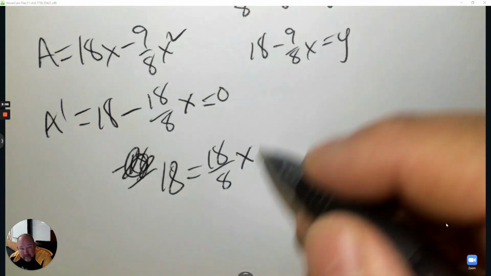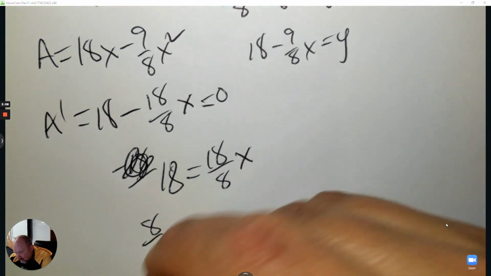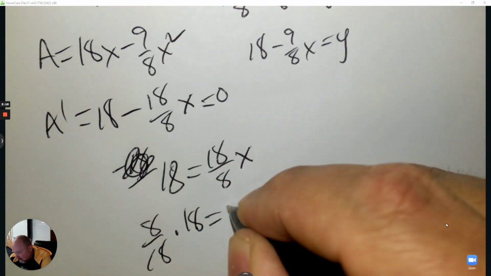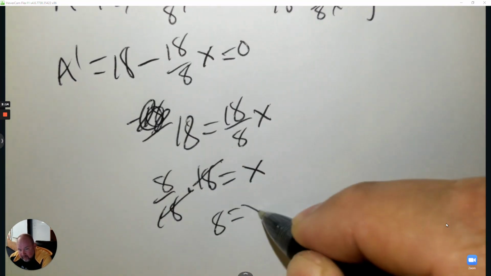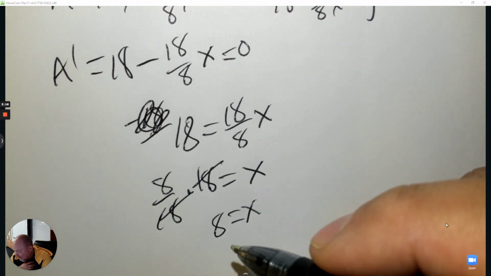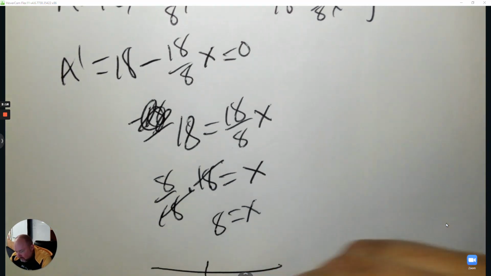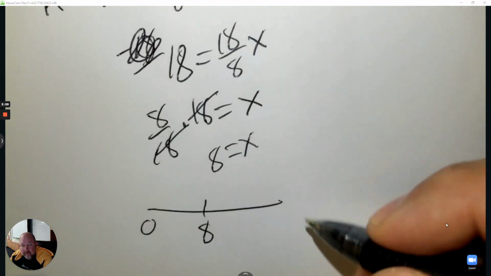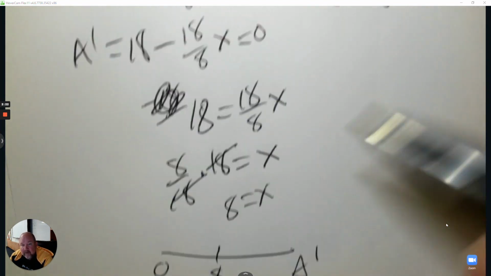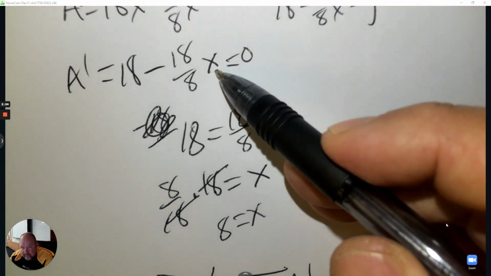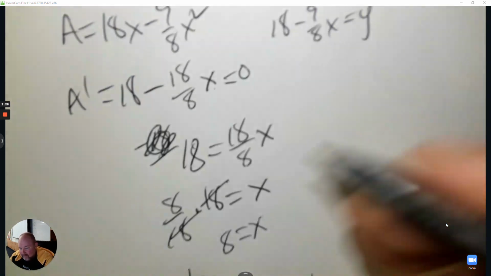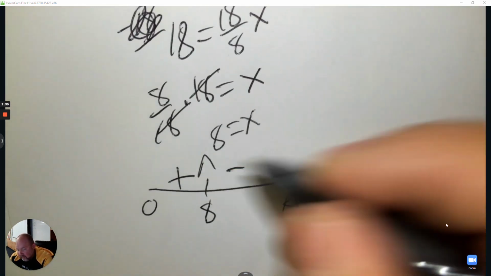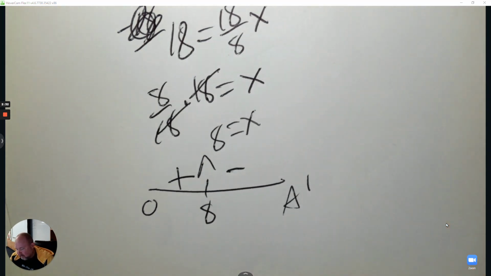Actually, it won't be, because if you do the reciprocal, it's 8 over 18, which makes it really simple to divide out, and that you get your answer. So x in this case is equal to 8. Make sure that creates a maximum for the derivative. So if I put in 1, I get a positive answer. If I put in like 10, I get a negative answer. So it does produce a maximum value.